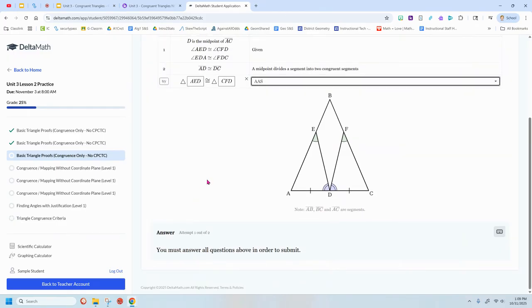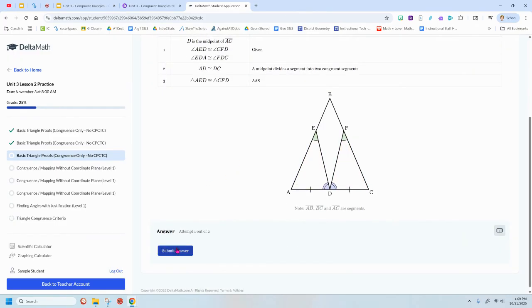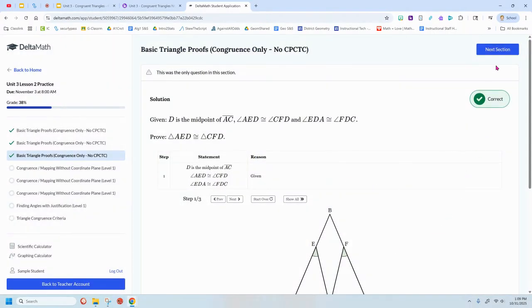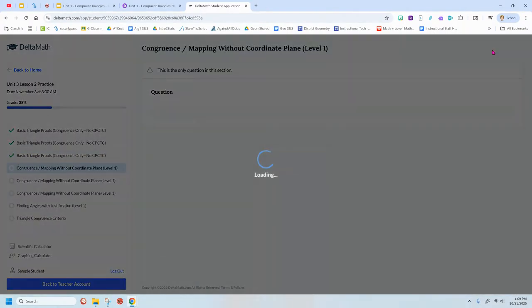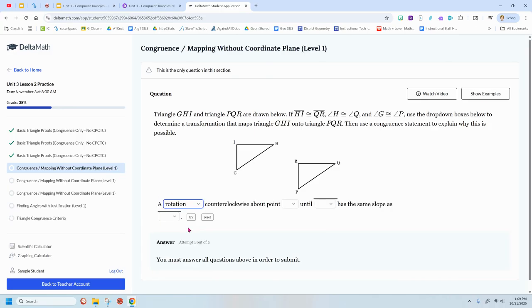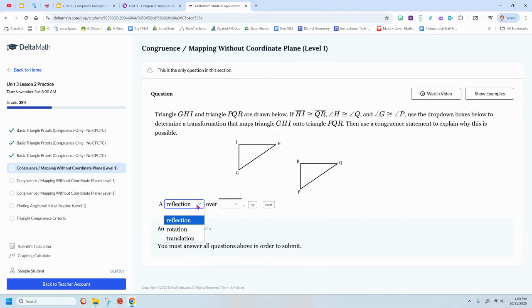All right. So we say try, then we can say submit, and we can say we're awesome. Now the remaining part is that you're going to need to read, and you might need to use a piece of paper to draw it. It's like a fill in the blank. What am I doing? Reflection. So this is making a nice connection to our last unit.